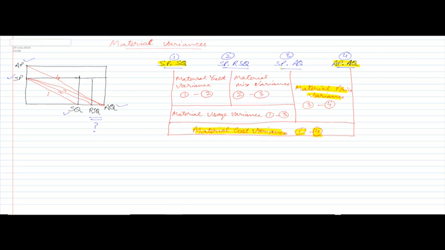Calculation 3 is standard price into actual quantity, and calculation 4 is actual price into actual quantity. Then material usage variance is the difference between first calculation and third calculation. First calculation we have done as standard price into standard quantity, and third calculation is standard price into actual quantity.